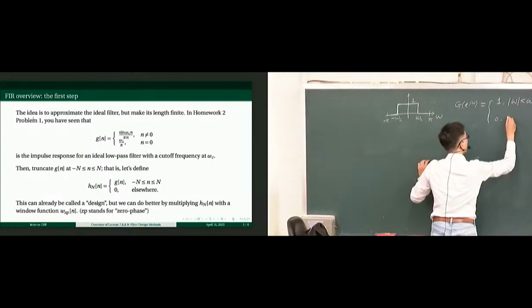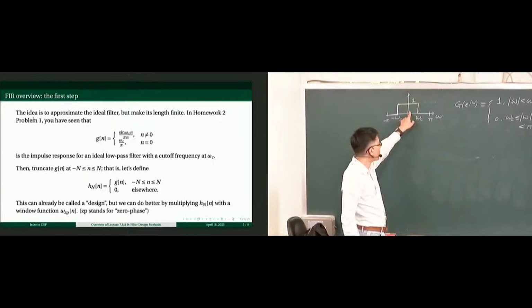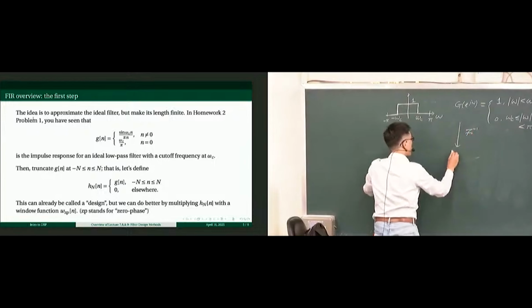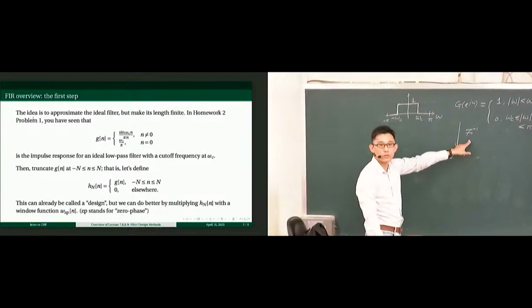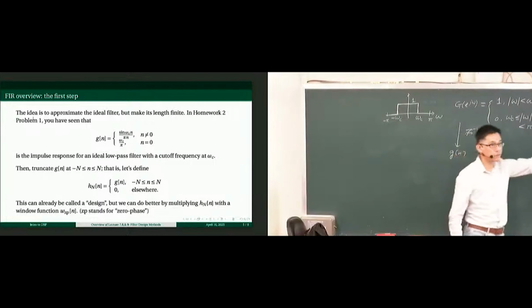If you have this spectrum, then the inverse DTFT of it corresponds to an impulse response. If G is a system, if you take the inverse Fourier transform, then you can obtain that result, just using the good old definition of inverse Fourier transform. You can obtain exactly that.